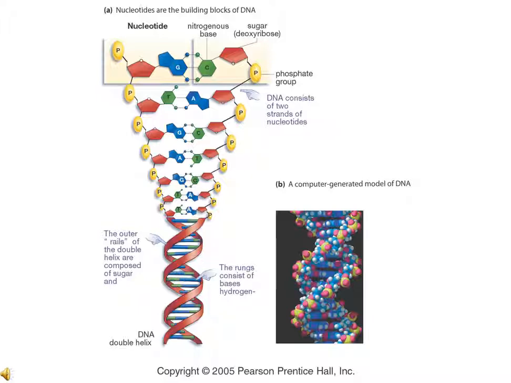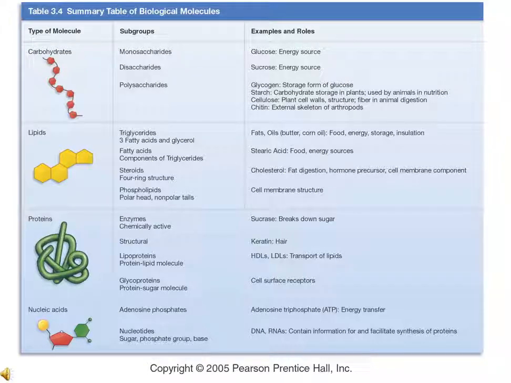So let's summarize what we've learned in the last 2 lectures. Basically, we've learned that all of life is composed of 4 major macromolecules: carbohydrates, lipids, proteins, and nucleic acids.